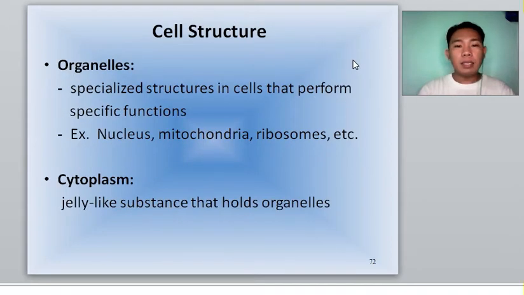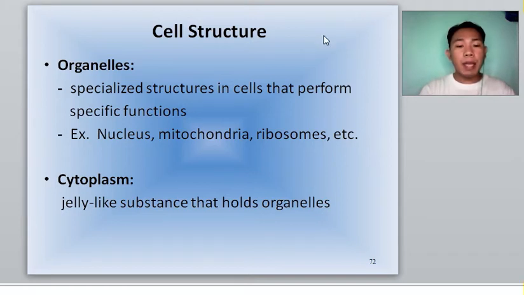As to the cell structure, collectively, we have organelles, and these are specialized structures in cells that perform specific functions. Usually, these organelles are membrane-bound, such as the nucleus, the mitochondria, and the ribosomes of the cells.